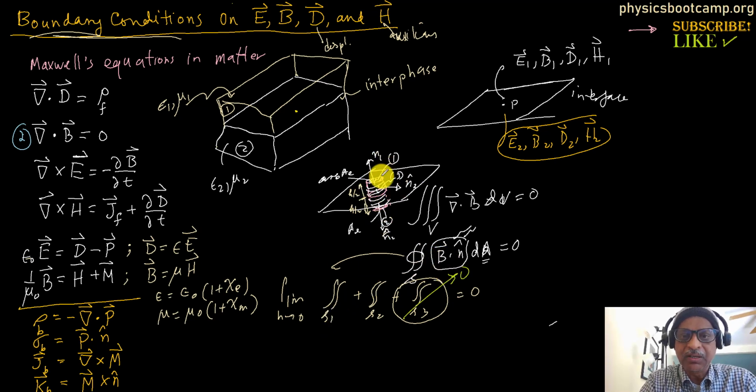So this surface B dot n hat is B1 normal dA, and this is B2 normal dA. But this normal is with respect to this direction. Suppose I wanted to use the same direction.